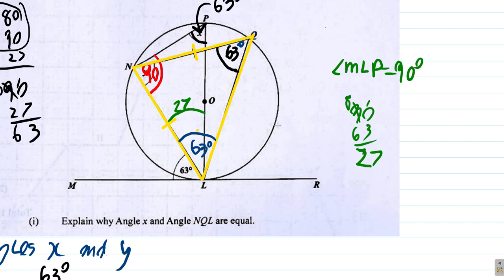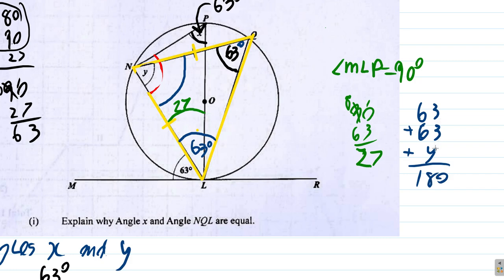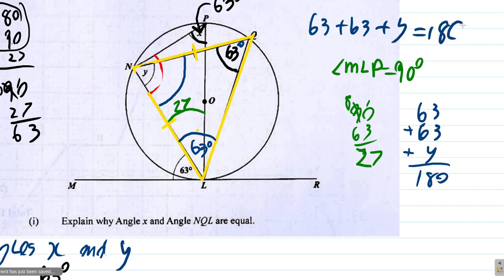Now, the thing is, you want to find out what y is. Remember, the 90 was covering the y. You want to find out what y is. So, you remember that 63 plus 63 plus y would give you 180. So, let me write it this way: 63 plus y equals 180. Take 63 from both sides.